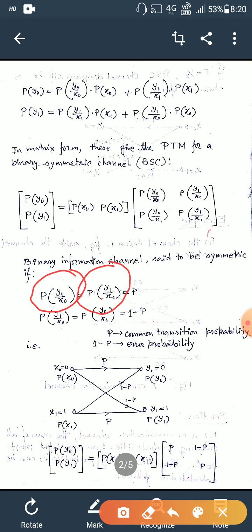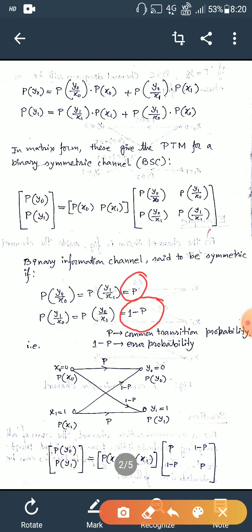That is, the transition probability for output symbol y0 due to x0 should be equal to the transition probability at output symbol y1 due to x1, and let this be p. In the same way, the other two transition probabilities, at the y0 side and the y1 side, should be equal to 1 minus p.